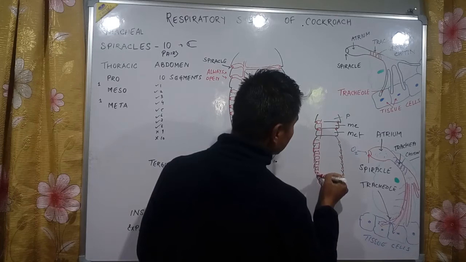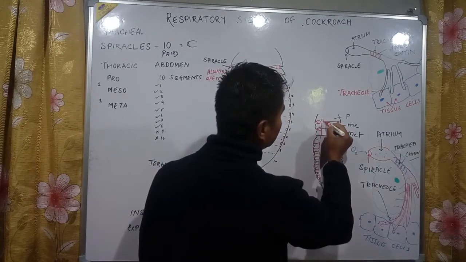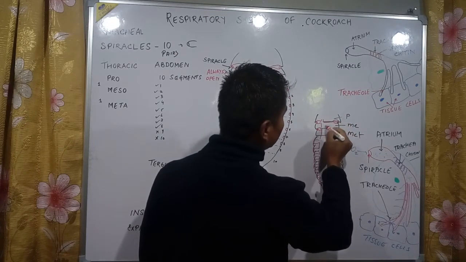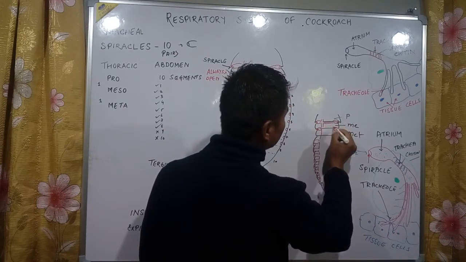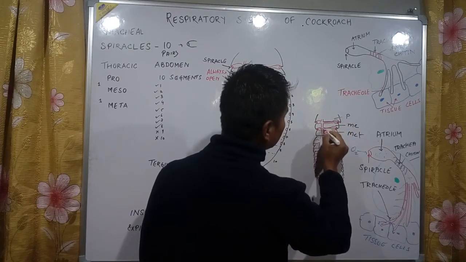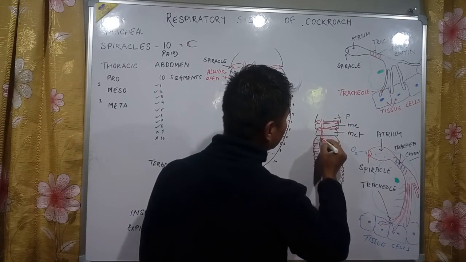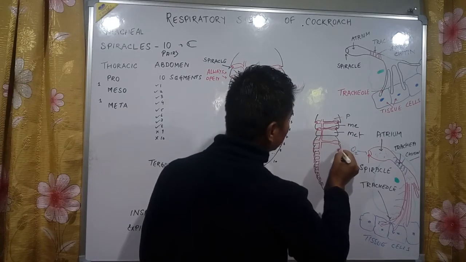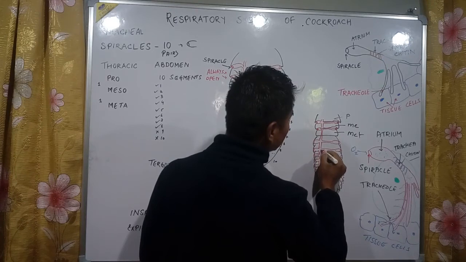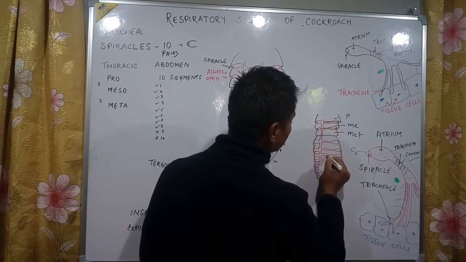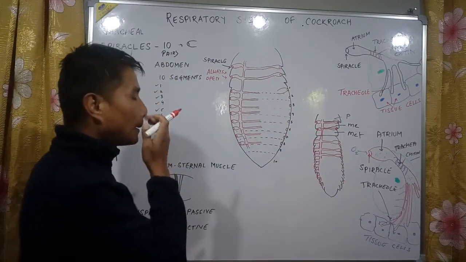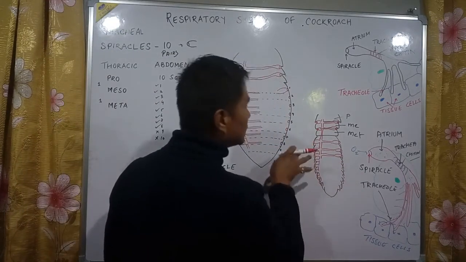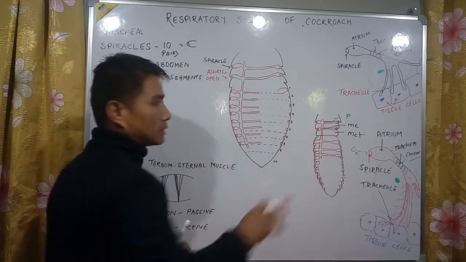So this is one side, then again from the other side also. So this way, when the air enters the body, then it diffuses to all the parts of the body.